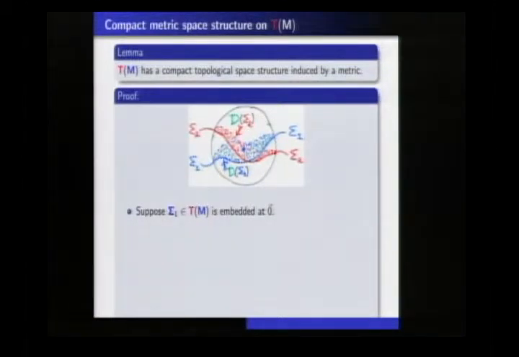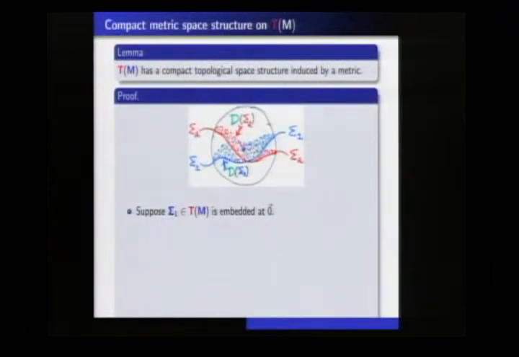So that means locally, the surface looks like a graph of some particular gradient, say gradient 1, and balls of fixed radius around any point on them look like graphs, right? Okay, so think of this as being the origin now. Take a surface in here, and suppose it's embedded at the origin. It's not going to be important, but just suppose everything's embedded.